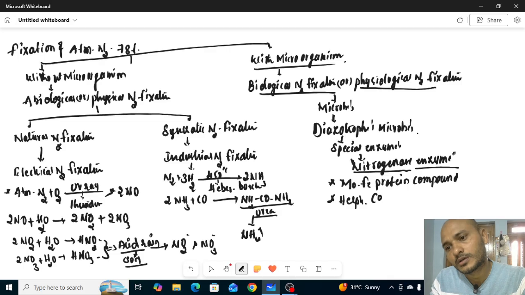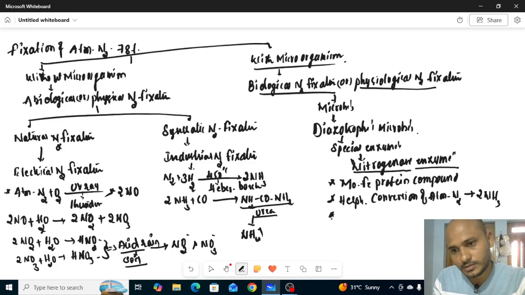And one more important thing is, there is a gene which is essential for synthesis of nitrogenase enzyme, that is the NIF gene. So the NIF gene is essential for the synthesis of nitrogenase enzyme.